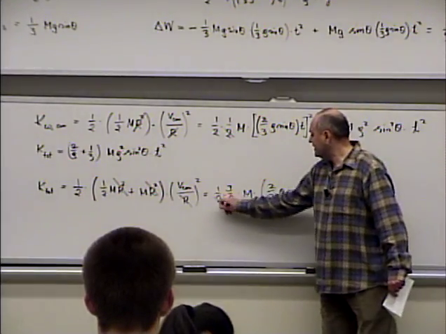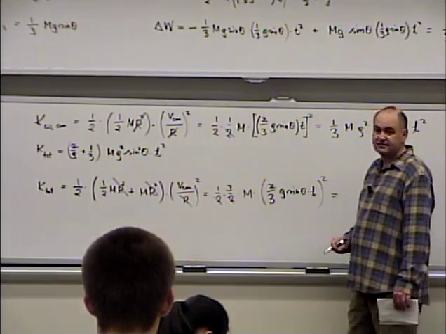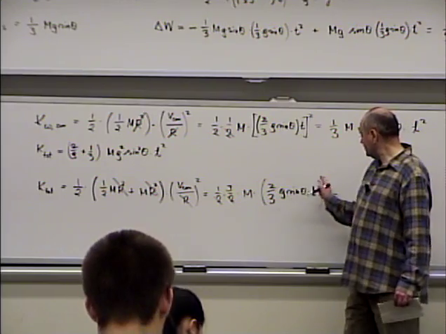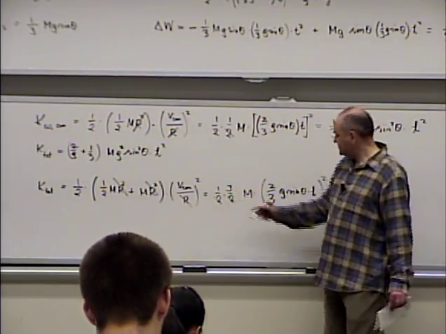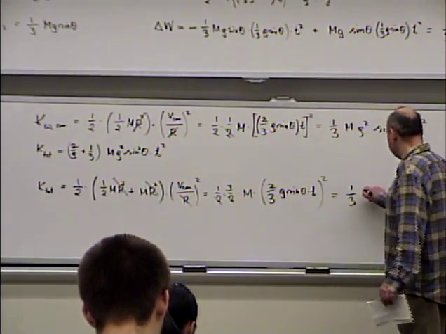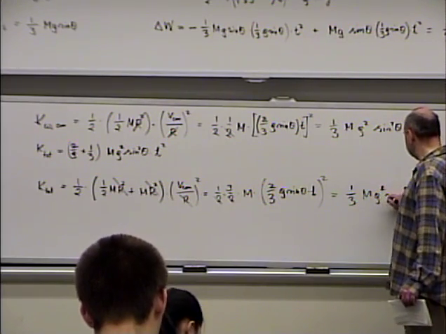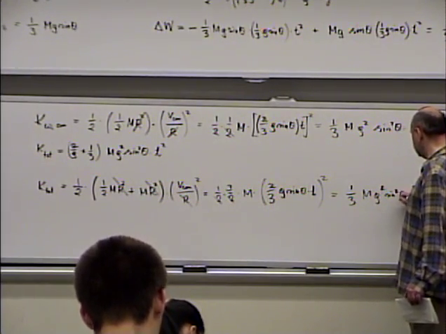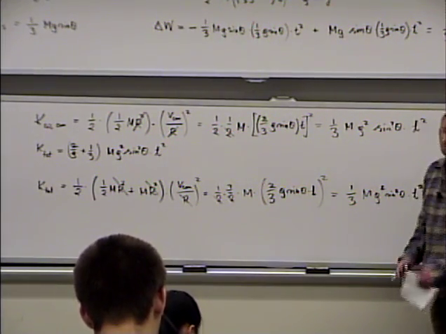So now 1/2 and 1/2 and 2 square cancel. Do you see that? Now here I have 1/3 square, and here I have 3. So I will be with 1/3 mass times acceleration due to gravity squared times sine of the incline squared times square of the time.